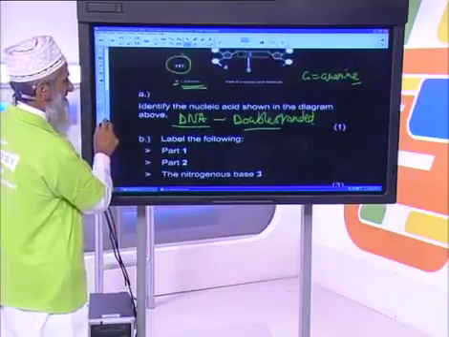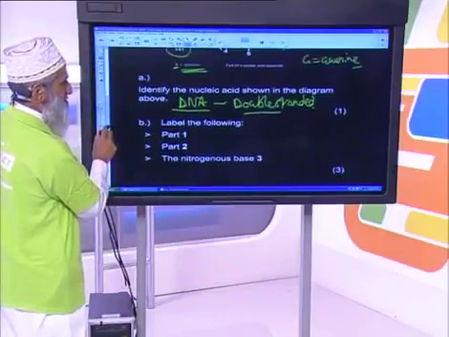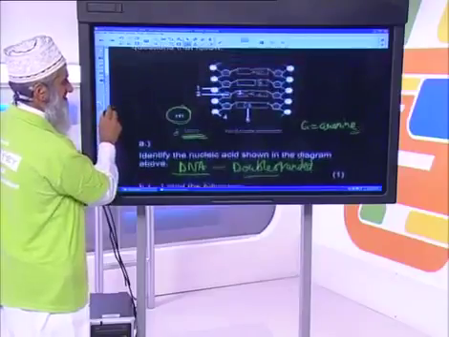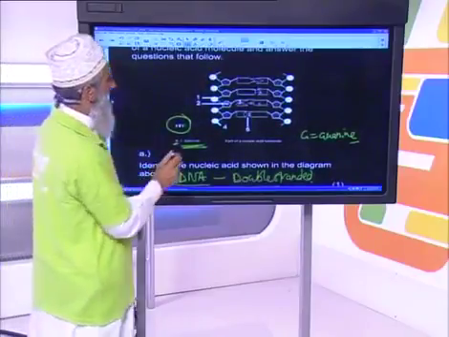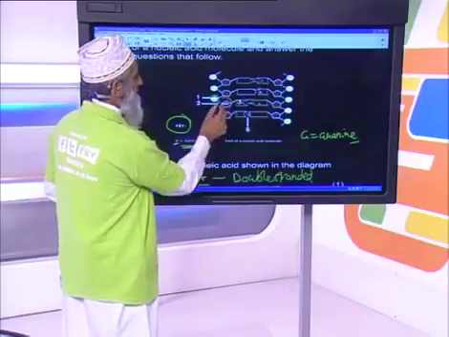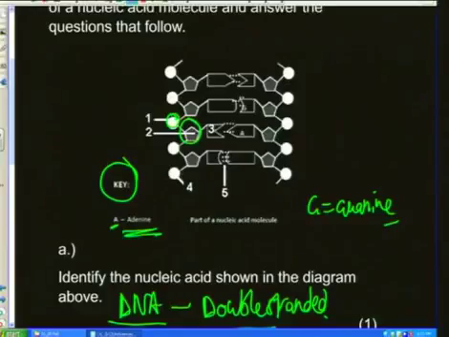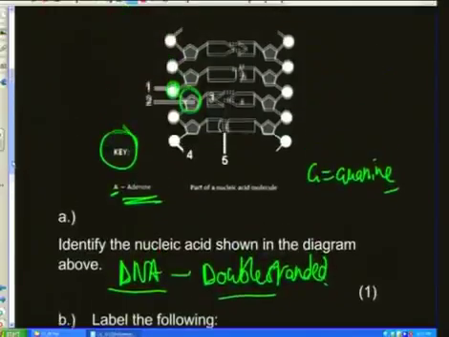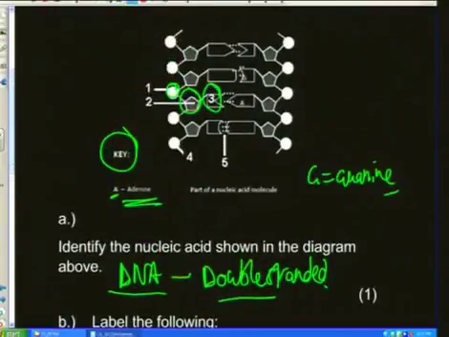Now they're saying label the following: part 1, part 2, and nitrogenous base 3. So part 1 is pointing to this one here, part 2 to that one there, and then they ask you for nitrogenous base number 3 there. Easy stuff. We do it on the diagram. So part 1 is the round one.